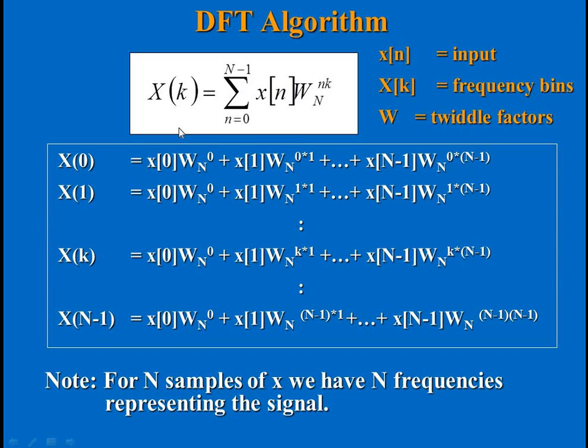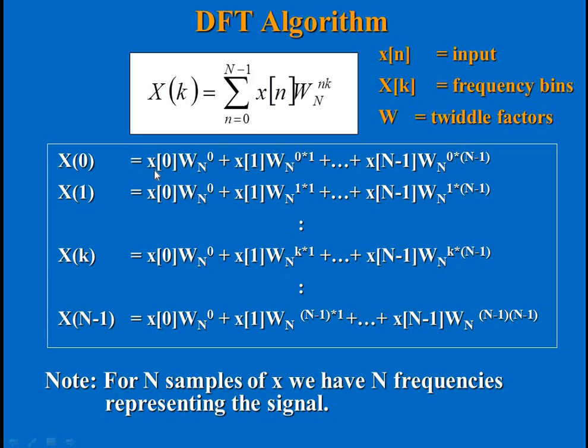Next we are going to check the performance of the DFT algorithm. For that, we calculate how many multiplications and additions are required. For finding a single value of k, how many multiplications do we require? One multiplication is x of 0 multiplied with the twiddle factor, and likewise up to N minus 1 we have such multiplications.